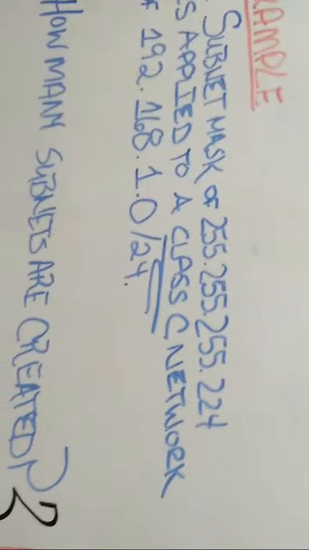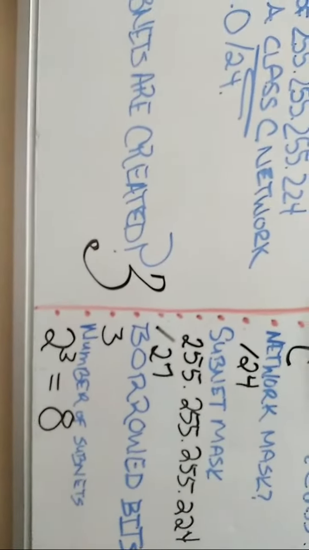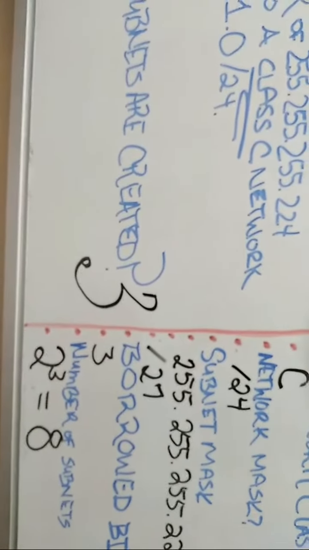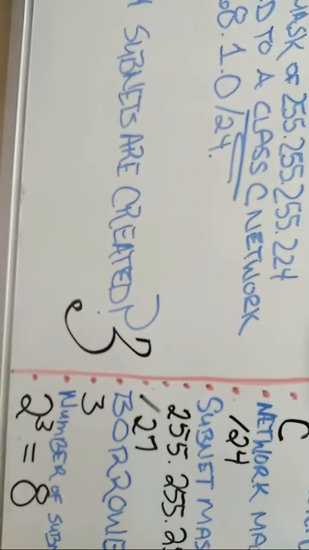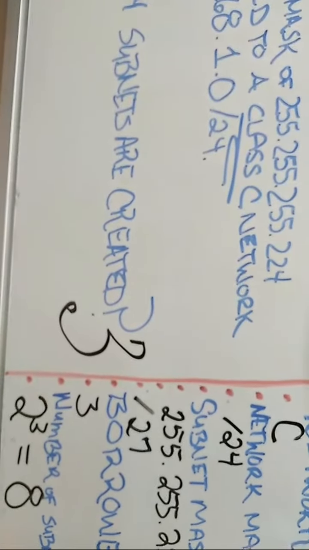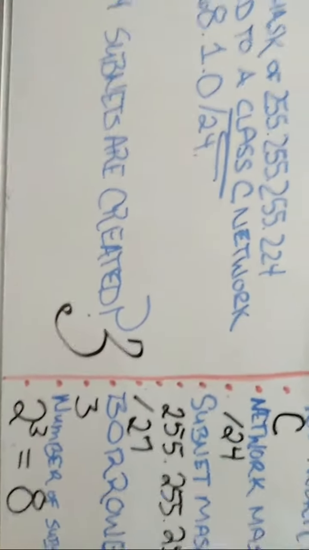Within each of those 8 subnets, we can assign 30 PCs. That's the goal, right? We can assign 30 PCs, and we are going to do the 30 IP addresses, and that's the goal.